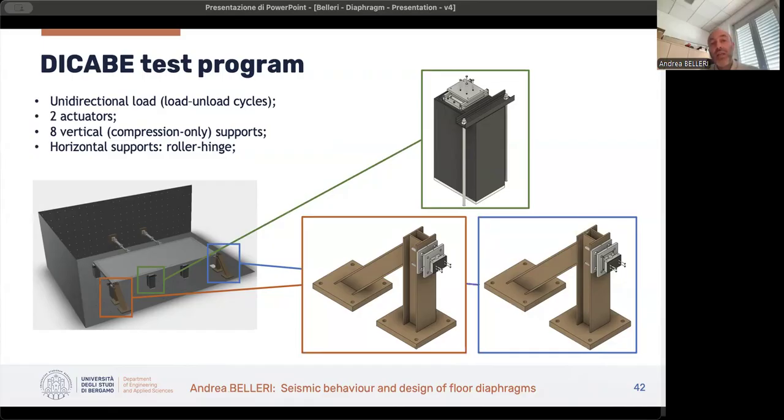And the beam supports were designed to be simply supported. So on one side, there was a detail resembling a hinge, and on the other side, a detail resembling a roller.